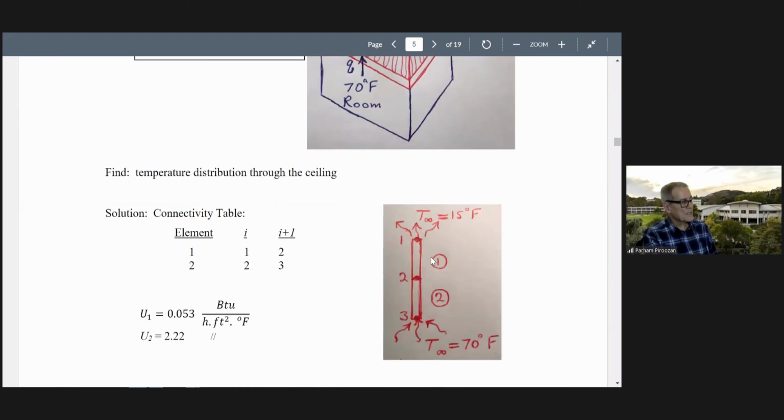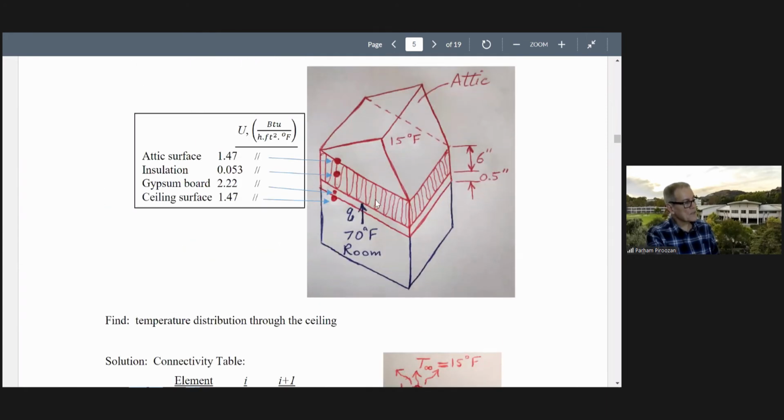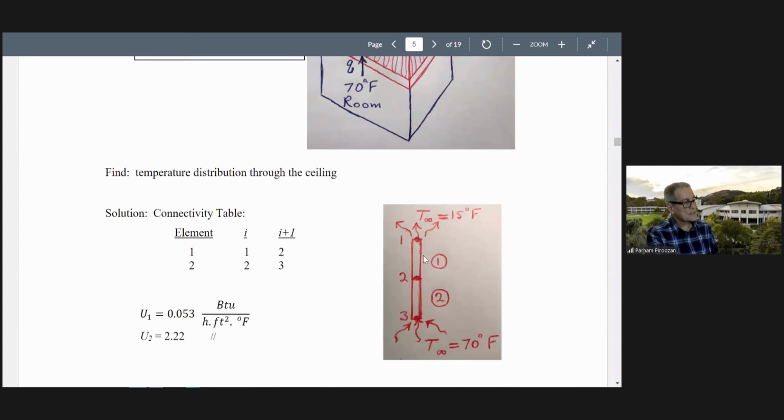So we can use just 2 elements and model them as convection taking place from the temperature inside the room. This is the gypsum board, and this is the insulation. So there is convection taking place here and here. We can model this and solve this problem by using just 2 elements.